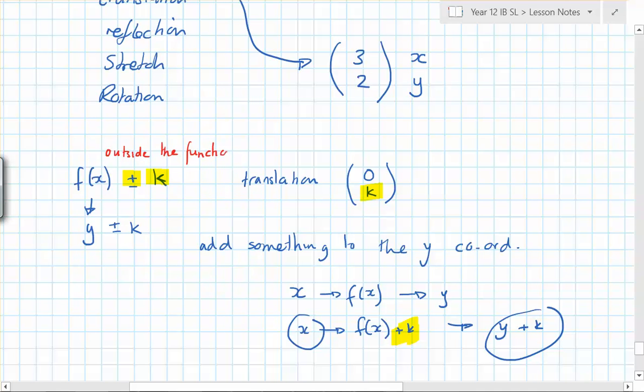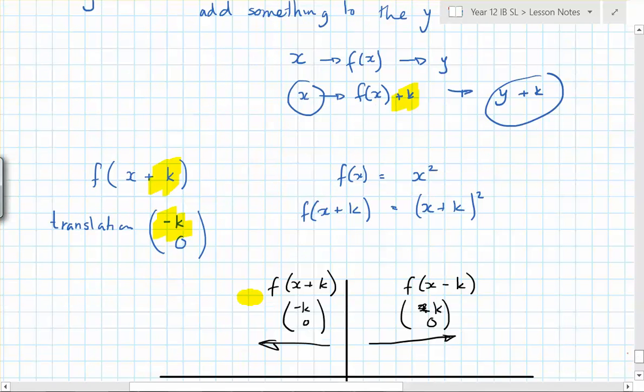When you're working outside the function, you are just adding a value to the end of the whole process, so it doesn't affect the function itself. The shape of the graph is the shape of the function, so if you just add a value on, you don't change the shape of the function, you move it. So we're working outside of the function.